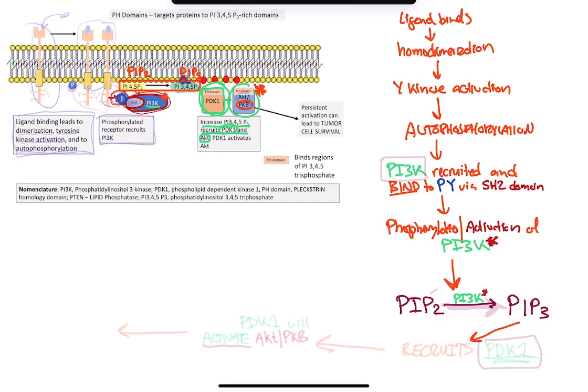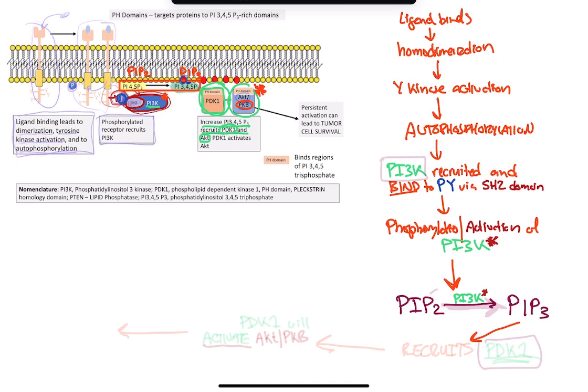Now we have the PIP3, right? And that PIP3, which we know we got via the transfer of a phosphoryl group from an ATP, is going to have a negatively charged head group. And when bound to PIP3, protein kinase B, aka AKT, is phosphorylated and activated by yet another protein kinase.